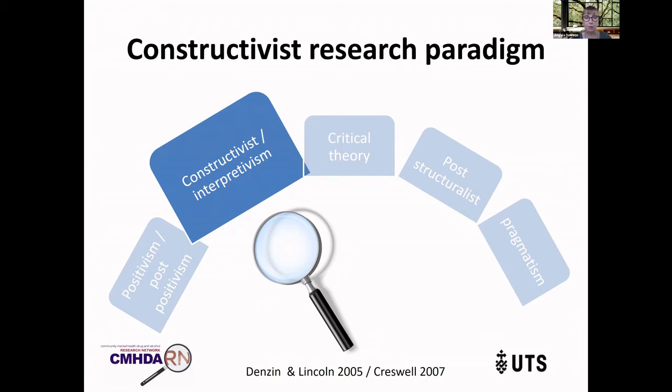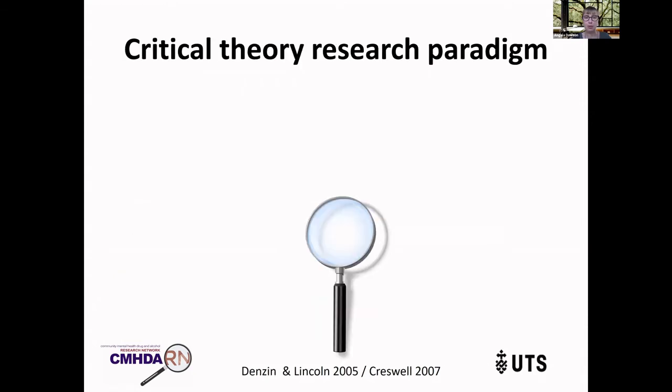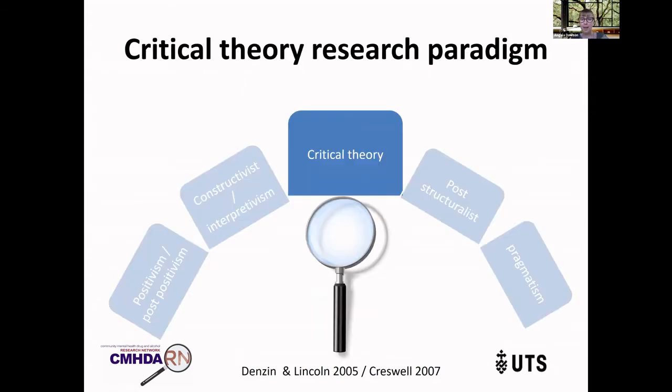Let's move forward and have a look at critical theory. Now, critical theory seeks to generate theory from action or practice in order to help people address change. And this is in the interest of social justice, okay? So the fundamental basis of this is achieving social justice. And it's collaborative, politically orientated and change orientated.